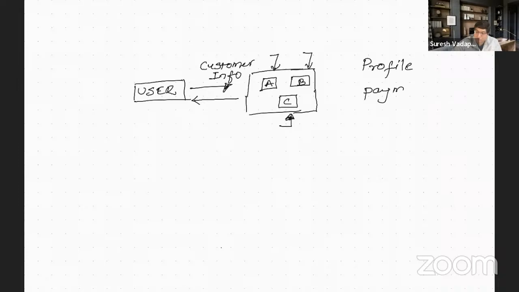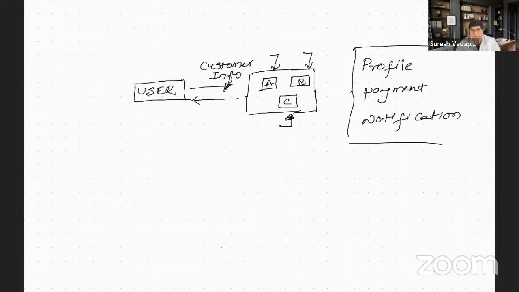So different types of independent pieces of information. If they are sitting in different microservices, then you have to make calls to these microservices. At times, these can be part of a single microservice, or part of multiple microservices.